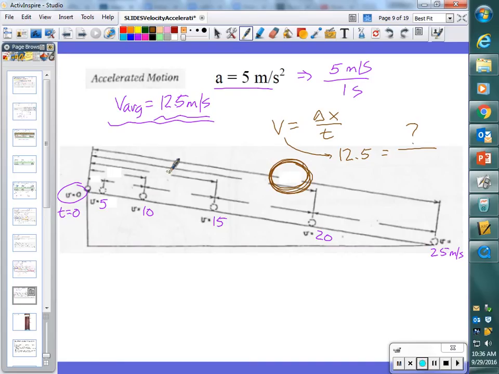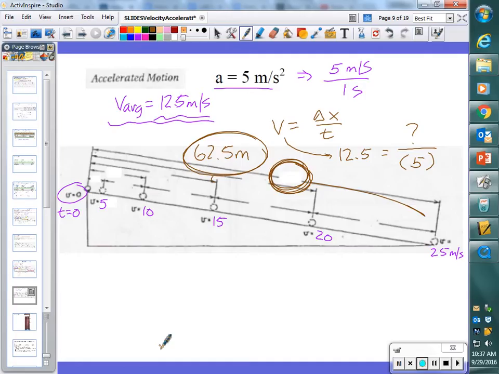So if we want to know the distance of the entire ramp, we can plug in 5 for that time. Velocity is still a relationship between displacement and time, but now we're looking at it over a longer period of time. Does that make sense? And so now we solve for the question mark. Hopefully it's not too difficult, and you should find out that this ramp is 62.5 meters long. Does that make sense?